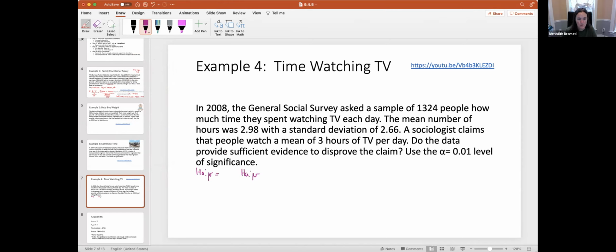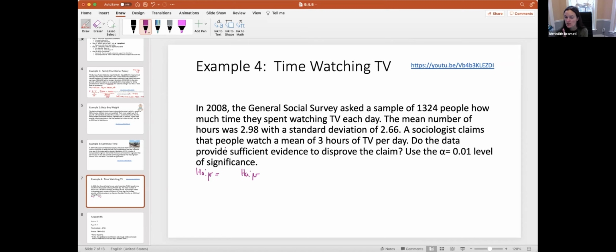It's equal. What is it equal to for the null? 2.98.